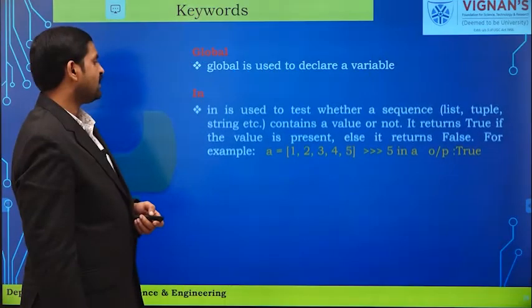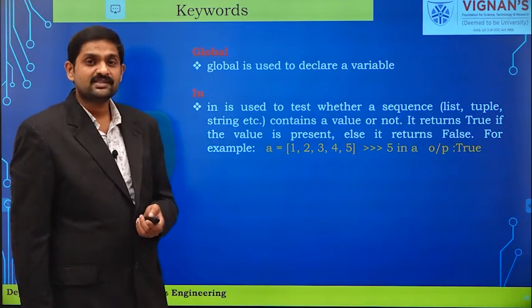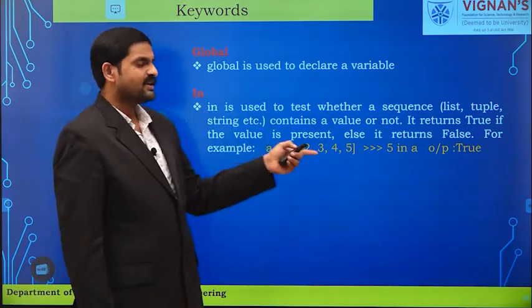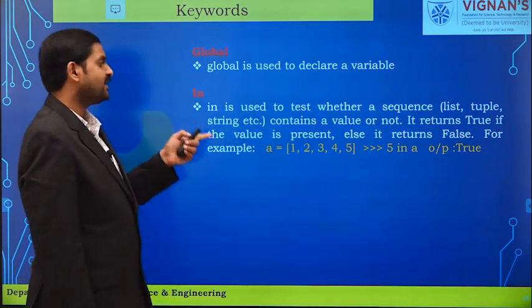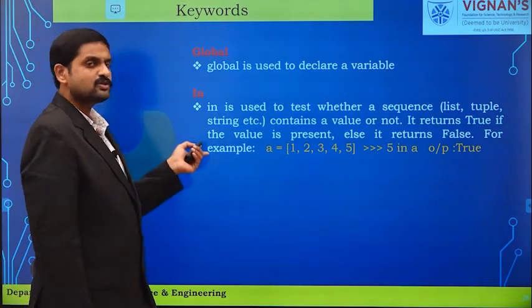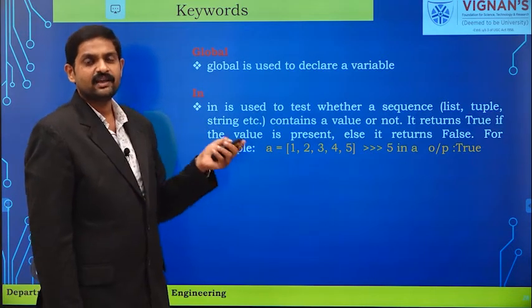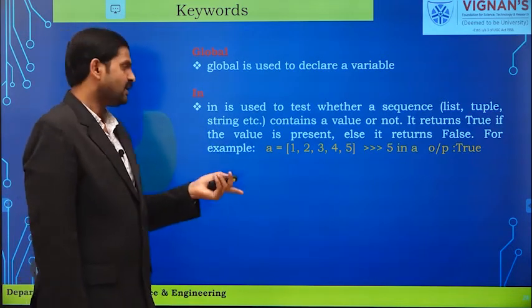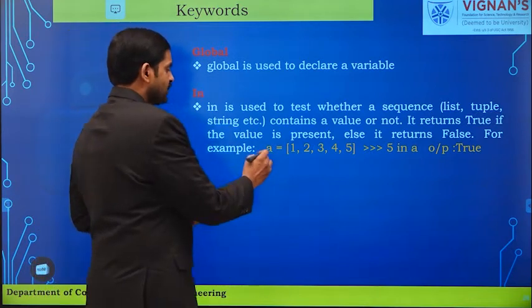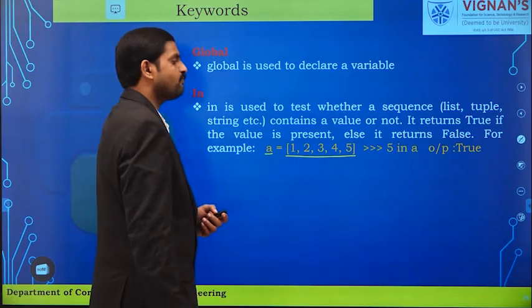Okay. Next keyword, in. In is used to test whether a sequence contains a value or not. It returns true if the value is in that sequence, and false if the value is not in that sequence. A is the variable, it holds the set 1, 2, 3, 4, 5.